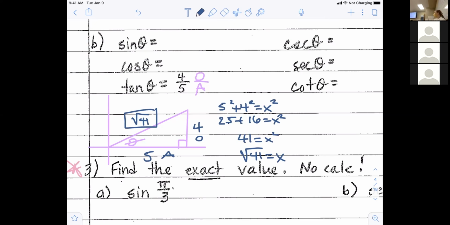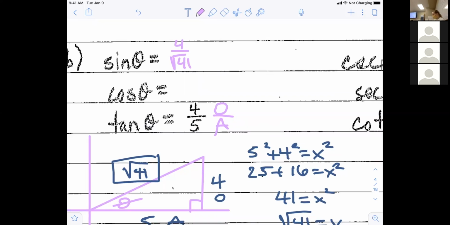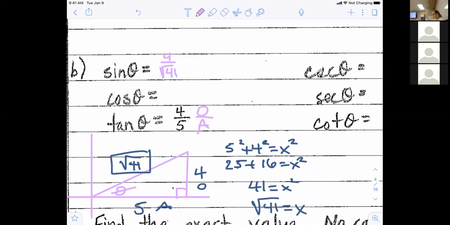All right, we ready to go over them? All right, Becca, give me one of the trig functions. Sine is 4 over radical 41. Very good. Gabby, can you give me another? Good. Fisher, can you give me another?